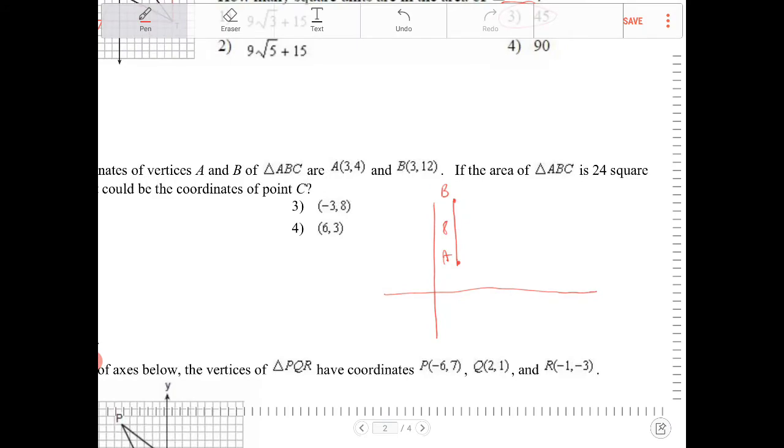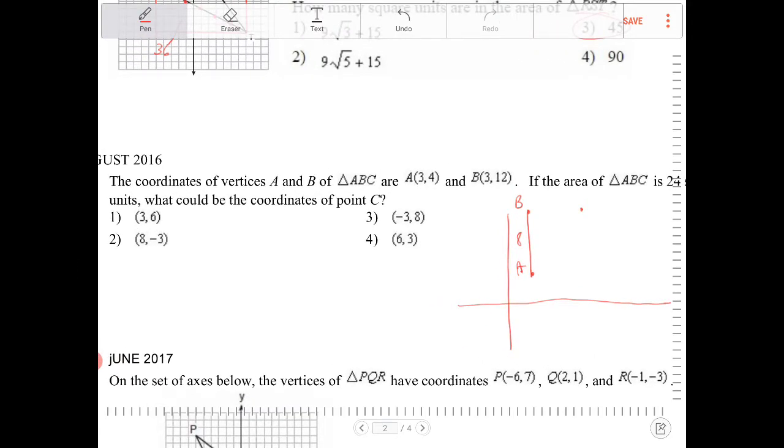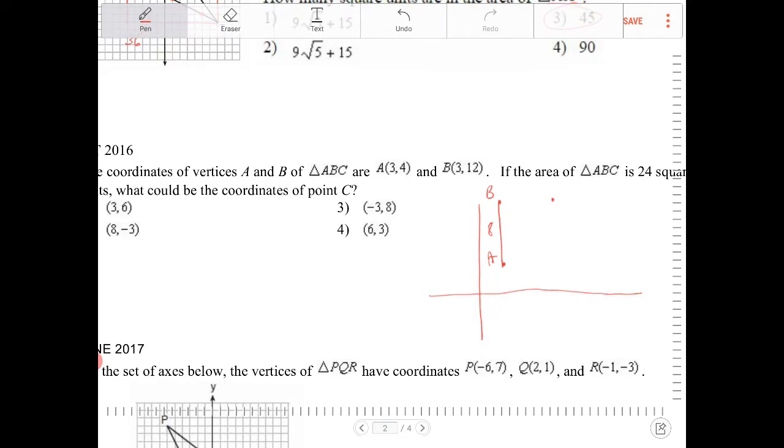And triangle ABC, let's say right there, has an area of 24. So it could be in the first quadrant, or it could even be in the second quadrant. So in order for this to have an area of 24, it could either be like this, or it could be like this, ABC, right?